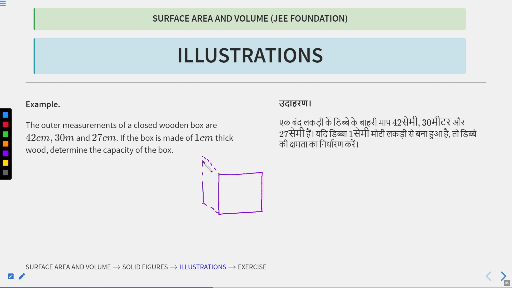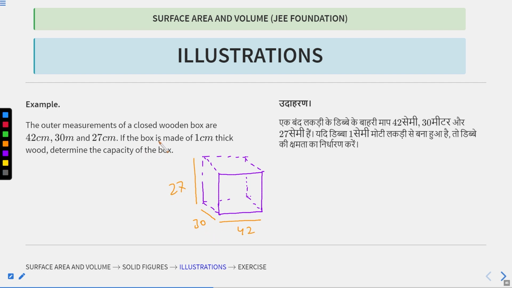I hope it is very clear to you. Now we are given that this whole length is 42. This is 30 and this is 27. The length, breadth and the height.